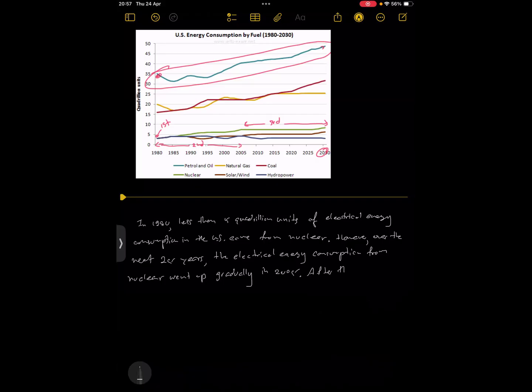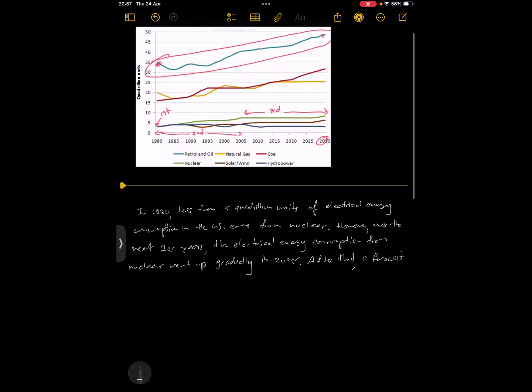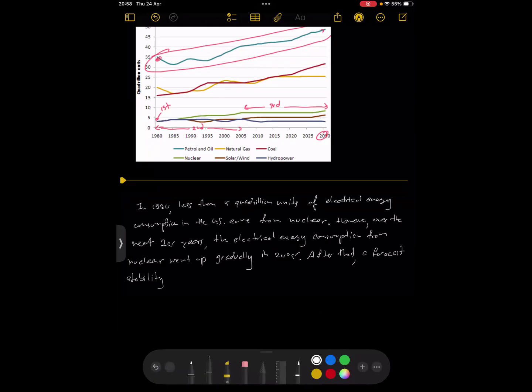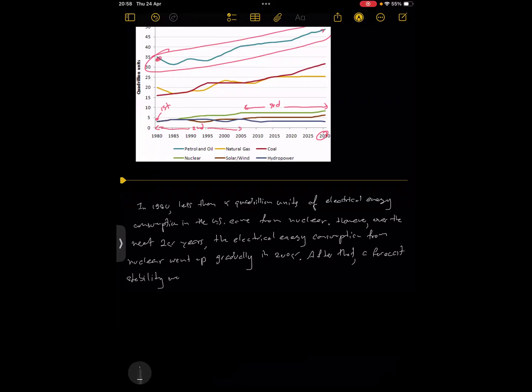I guess after that, forecast stability. Stability would last until the year 2030.